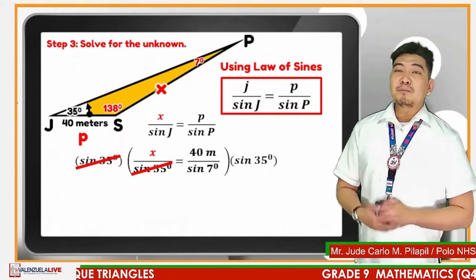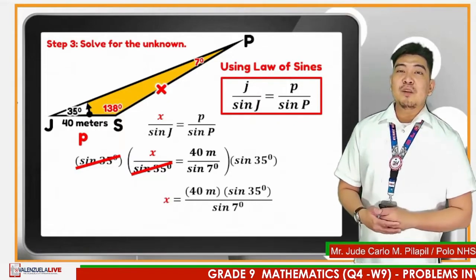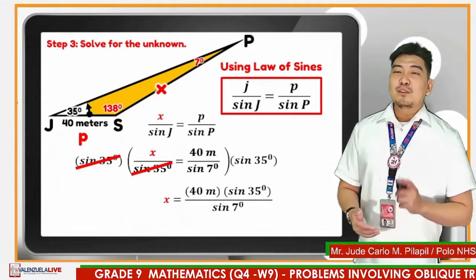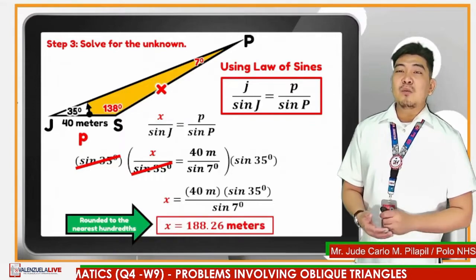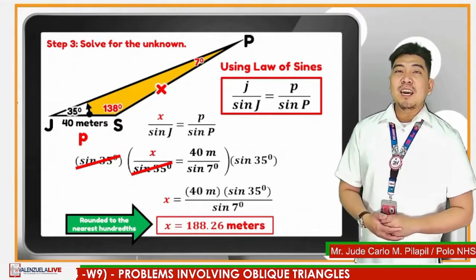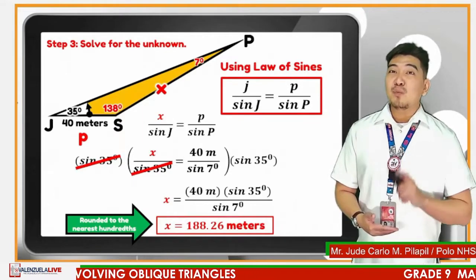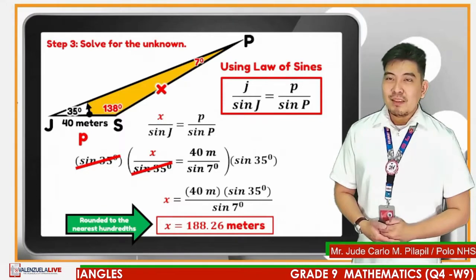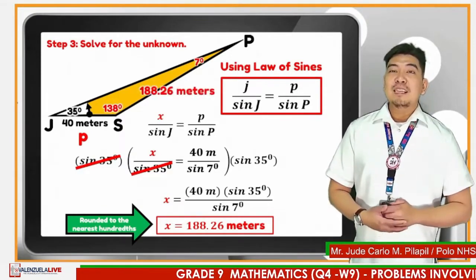The equation will be x is equal to 40 meters times sine 35 degrees all over sine 7 degrees. Using your scientific calculators, we obtained x is equal to 188.26 meters, or 188 and 26 hundredths meters, to the nearest hundredths. Let us now continue our solution and follow the next step.